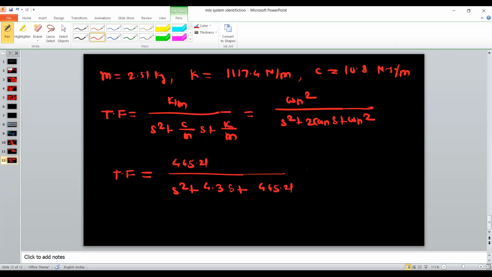So this is the transfer function for the given system, which is equal to X of O divided by X of I.